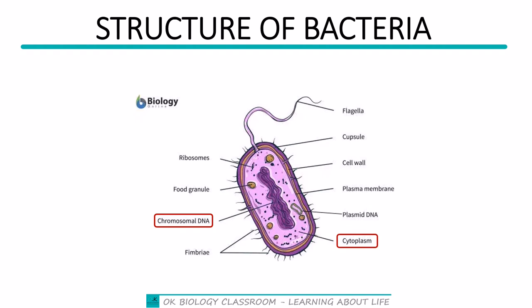Then there is cytoplasm, which contains all the cell organelles and inclusions. There is an extra DNA that is called plasmid, and I'll be talking about plasmid in one of our lessons later. So for now, let's just keep in mind that plasmid is an extra DNA found within the bacterium.